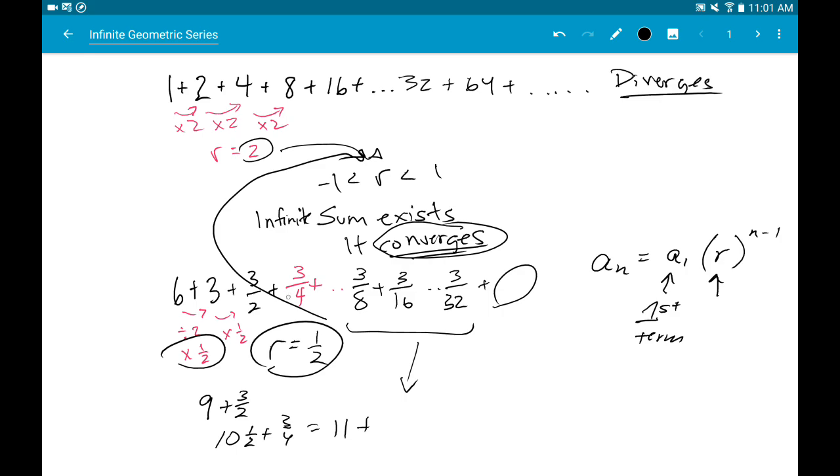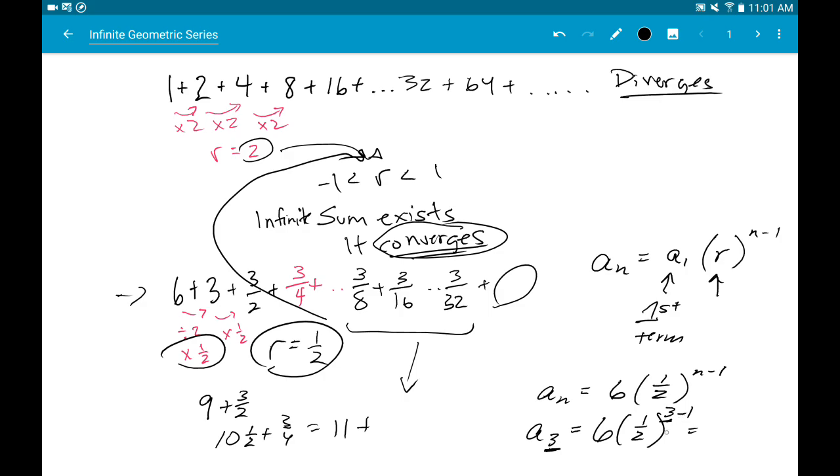So if you wanted to represent this series right here, you could represent it with a 6 times your r to the n-1. And the idea with the expression is that if you wanted, for instance, the third term, it would be 6 times 1/2 to the, there's my 3, there's my n, 3 minus 1.